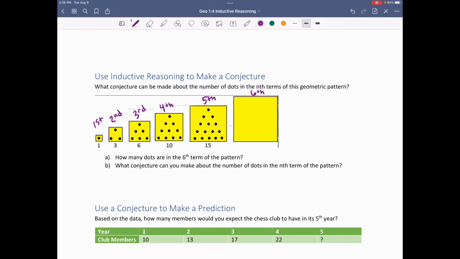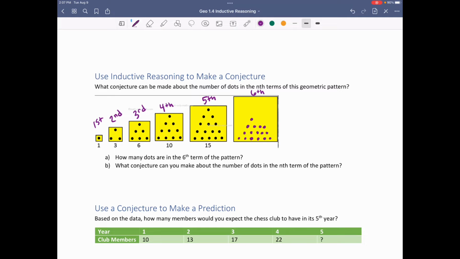Okay, so what do you think? If you talk to your partner about this, how is this growing? How many dots are on the bottom of the sixth term? That's right, there's going to be 6, because in the fifth term, there were 5 dots on the bottom. And then above those 6 dots that are on the bottom, we will have 5 dots. And then it's going to grow like a pattern. So above the 5 dots, we have 4 dots.